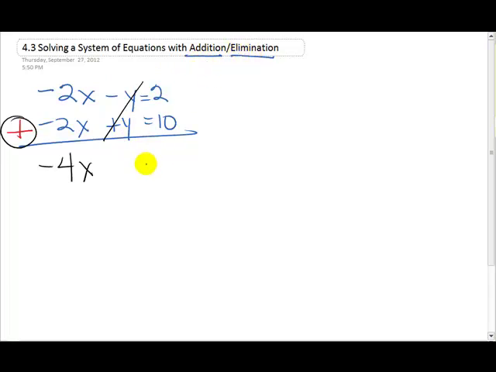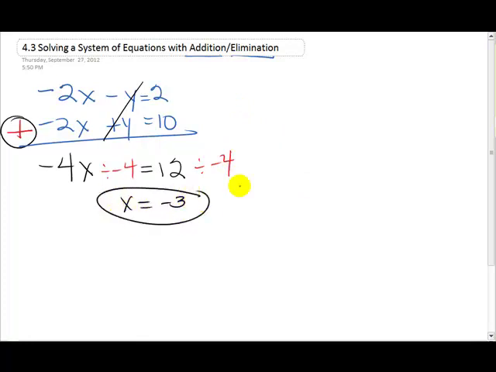I'm letting you know we can be both. 2 plus 10 will give us 12, and I've eliminated my other variable, and I can finish this. I'm going to divide by negative 4, so that x is going to be negative 3.